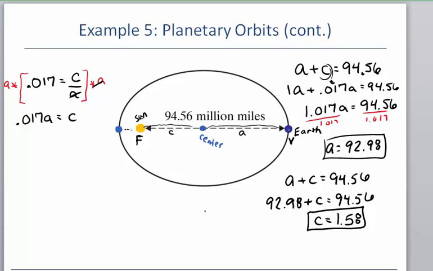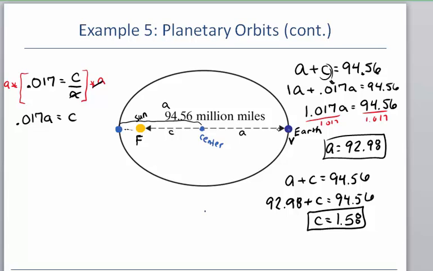Well, I know that the distance from my center to this point on the outside is A. It's going to be the same as what we had on the other side.